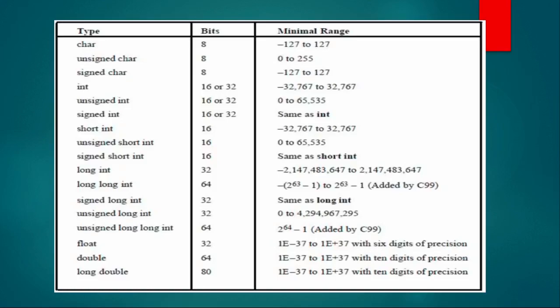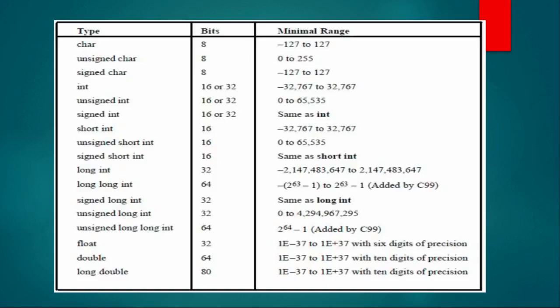So what unsigned does is the range on the positive side becomes doubled, because the negative side is ignored. So you see 0 to 255 instead of minus 127 to 127. The same thing for integers.